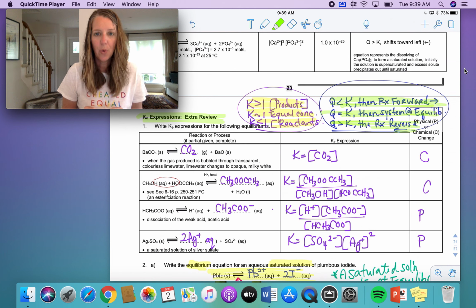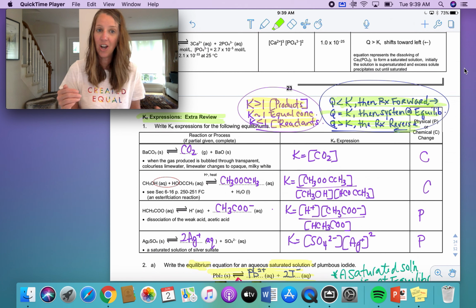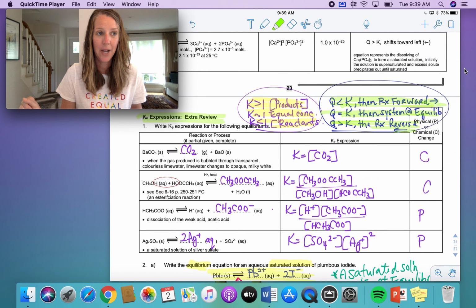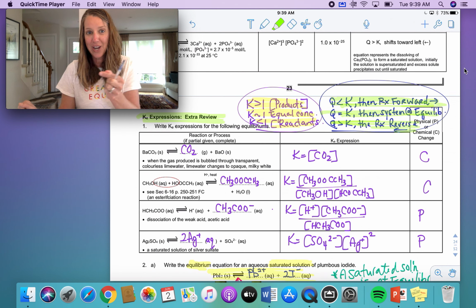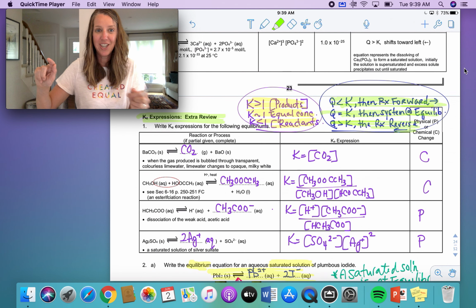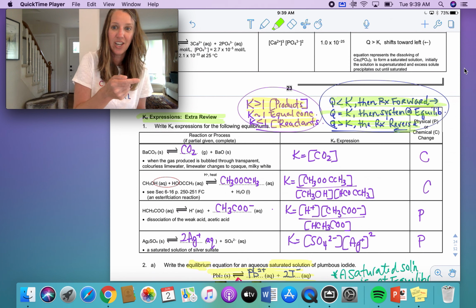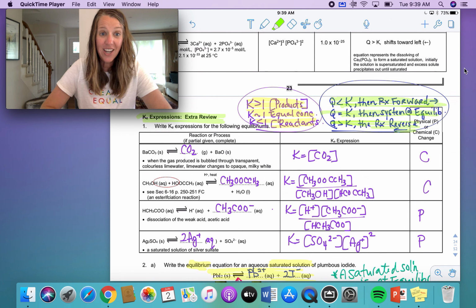Okay, so calculating the Q value, which is the reaction quotient, is what you do if you're not sure if a system is at equilibrium. If you calculate Q and it comes out to be the exact same value as K, then yes, that system is at equilibrium. But you can figure out if the system is still going towards equilibrium, favoring a forward reaction, or if the Q value is favoring the reverse reaction, favoring the products.